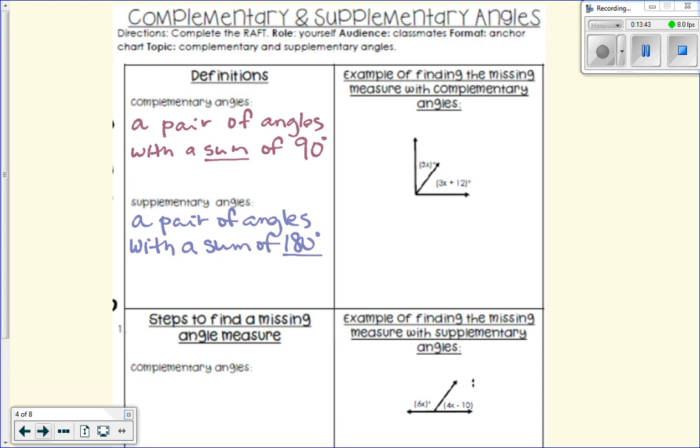Some students remember that complementary is 90 degrees by drawing a C for complementary, it makes a 90. And for supplementary it starts with an S. What do you think? Simple. Straight. Yeah. Okay, so do what works for you to help you remember those relationships there.